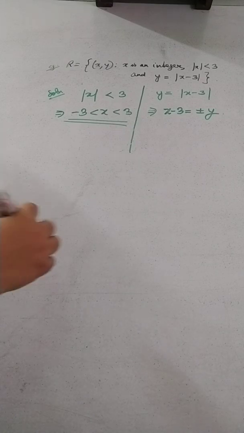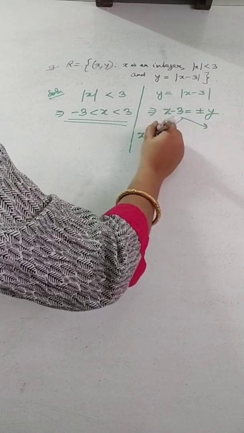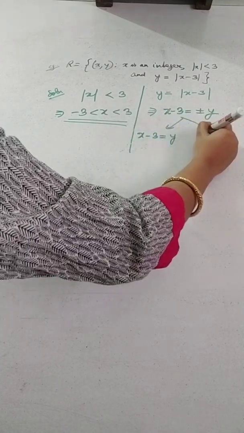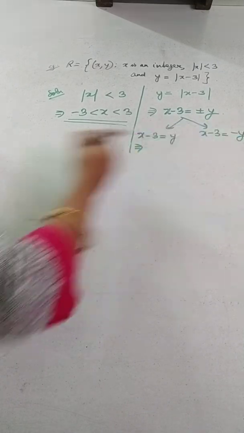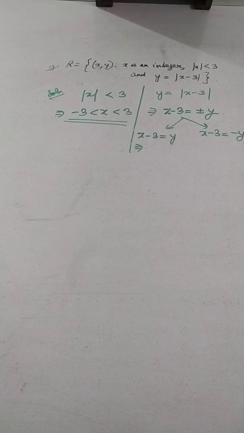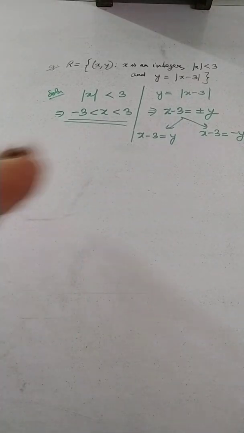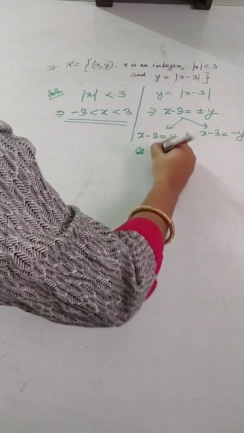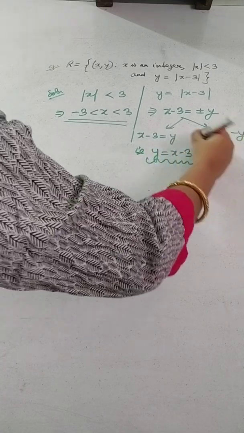Okay, both are correct. So let us see, we have two expressions over here, one for the plus sign and the other one for the minus sign. So what do we have here? Therefore we have to list the second components, that is y is equal to x minus 3. This will give me the second components over here.